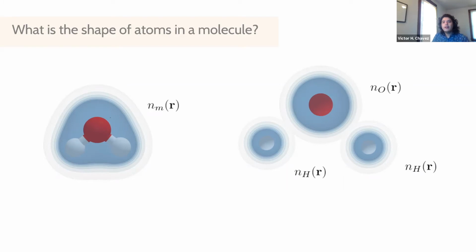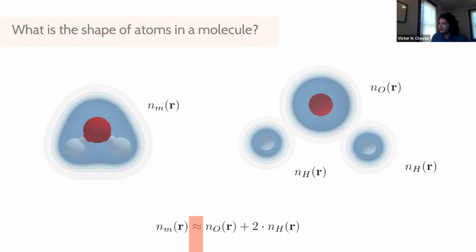about its composition. And what we know about this is, of course, that the sum of these spherical densities does not equal the molecular density. Otherwise, our chemistry would be ridiculously easy. But what we do know is that this is not a bad place to start. They are approximately the sum of 3 spherical densities.